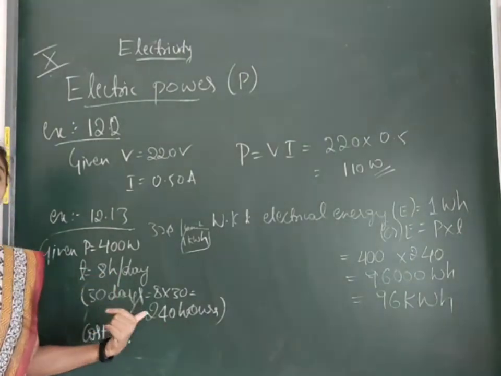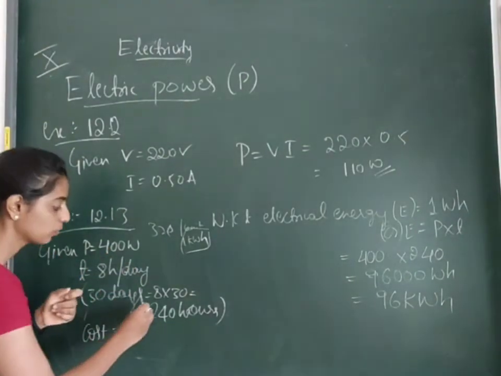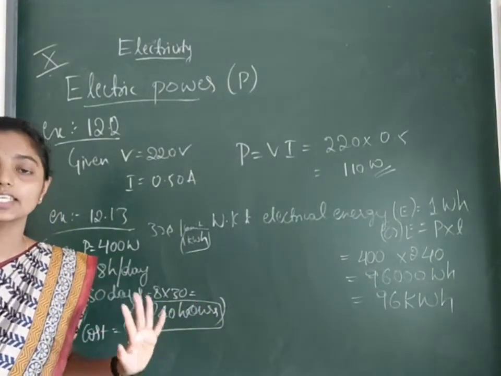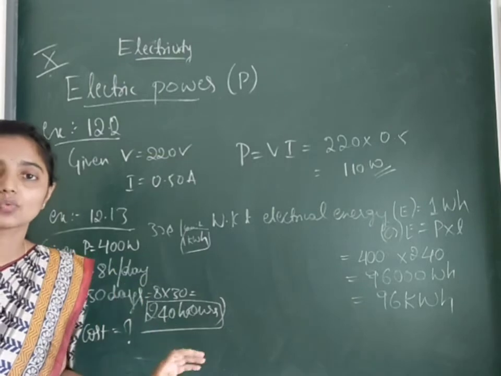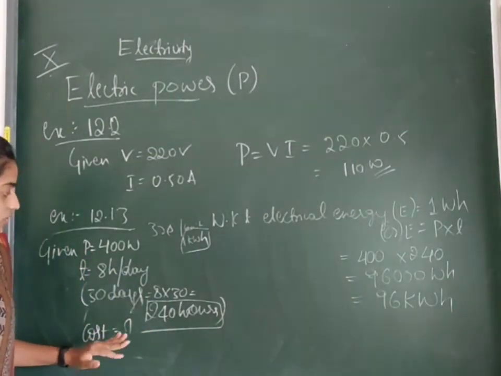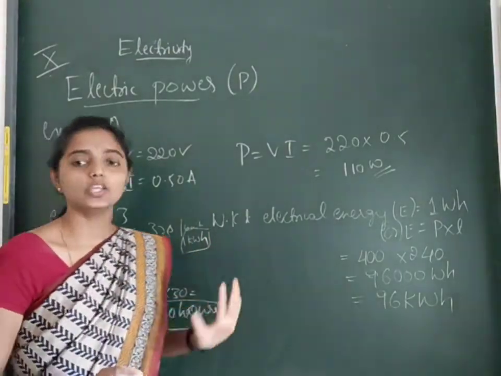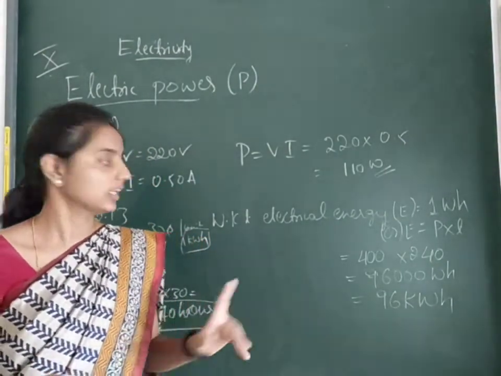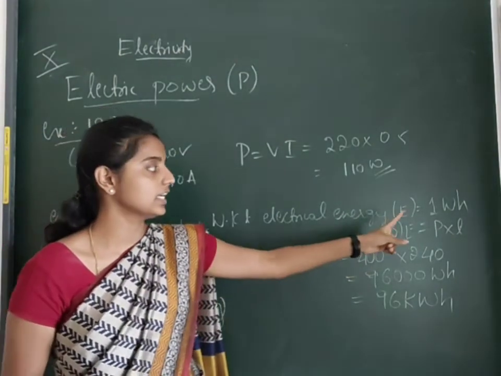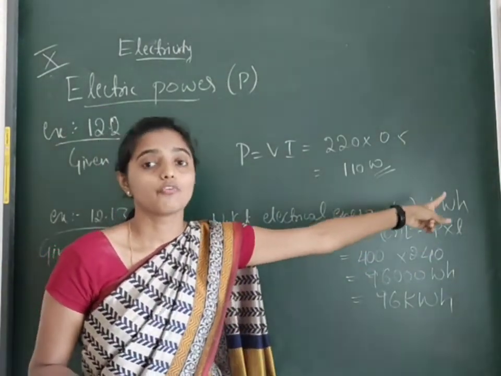So the refrigerator with 400 watt works 240 hours for 30 days. You need to analyze the question and come to the conclusion. Clear? Next we need to find out the cost. So we know that electrical energy has one formula. What is that? E is equal to 1 watt hour.